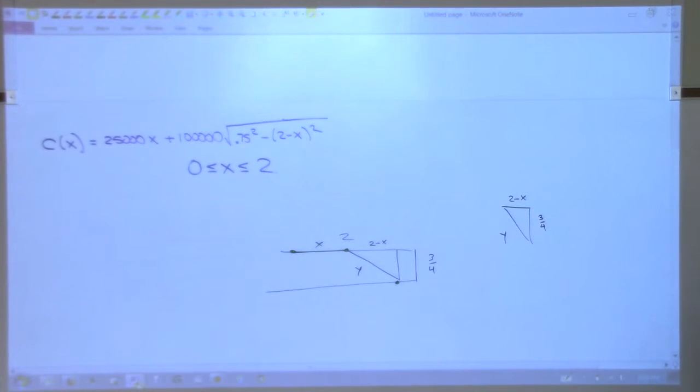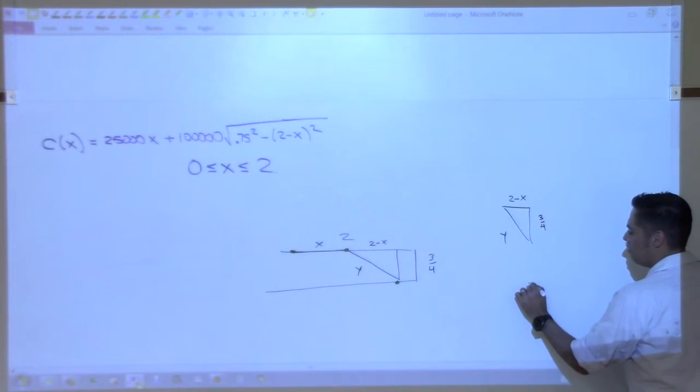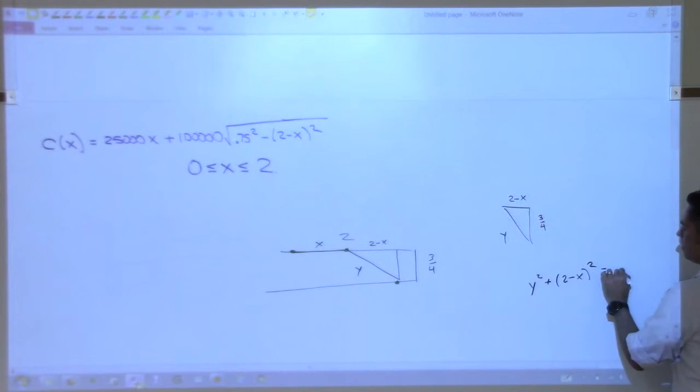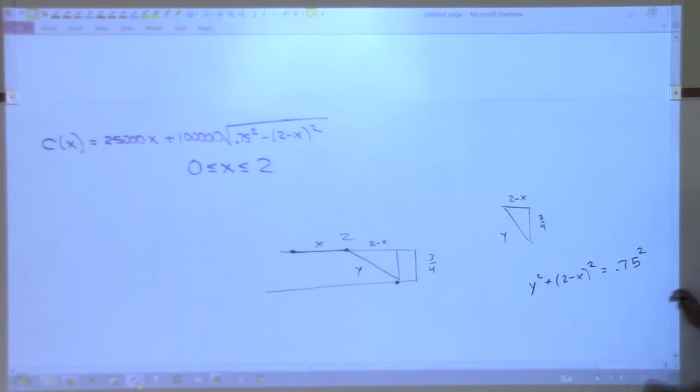Do you see it? What did I write down for my equation? Y squared plus 2 minus x squared equals 0.75 squared. That's what I wrote down. What's wrong with that? I did hypotenuse squared plus side squared is this squared. It's this squared plus this squared is this squared.